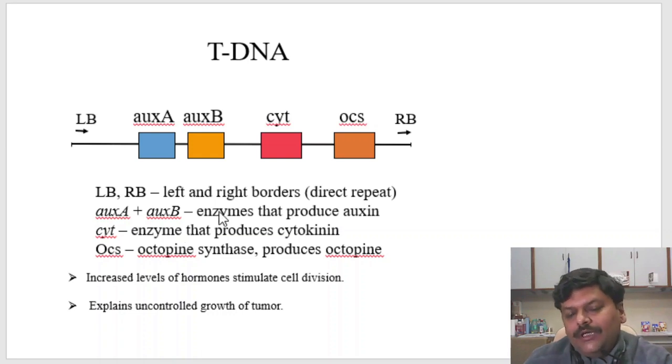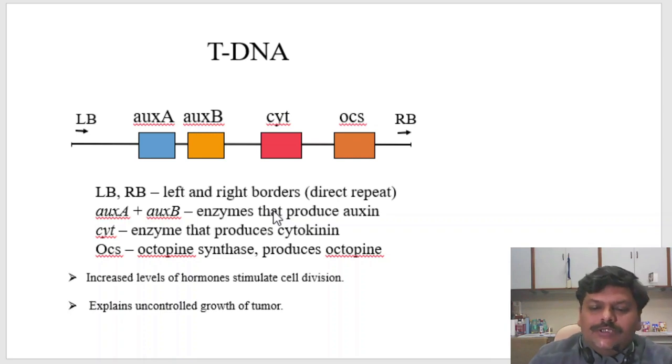other important compounds. So what happens, if you understand by this, is that if plant wounding happens, Agrobacterium, by sensing phenolics, attaches itself to the wounded part, and then transfer of T-DNA happens from the Ti plasmid of Agrobacterium to the plant cell, and this T-DNA has useful genes for the bacterium, not for the plant.